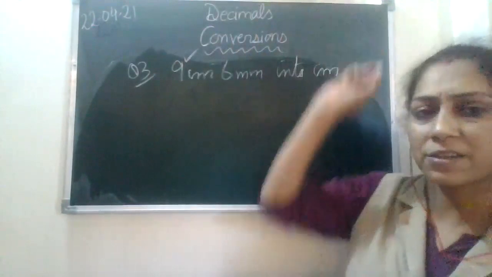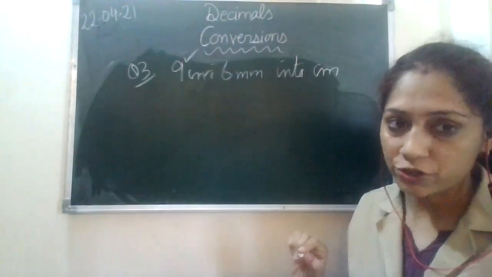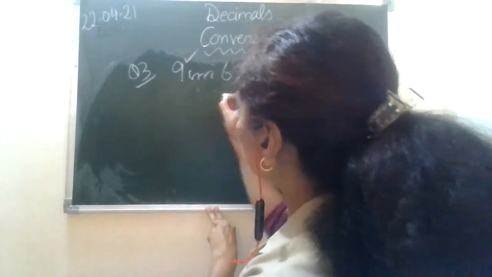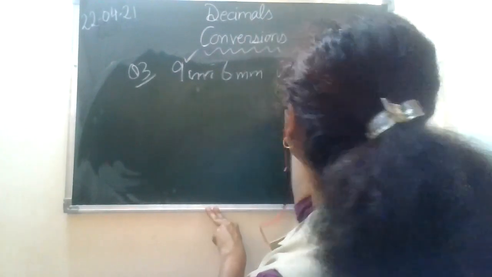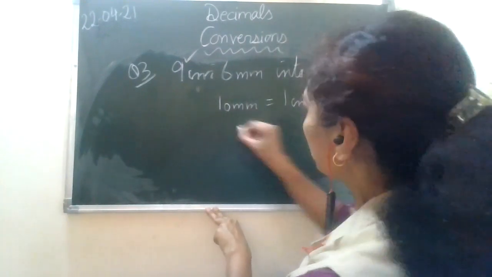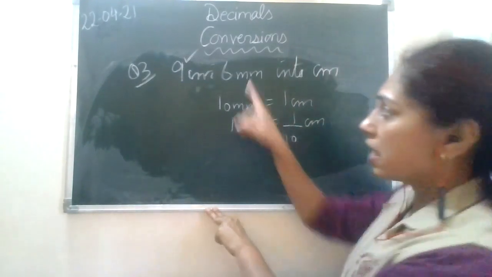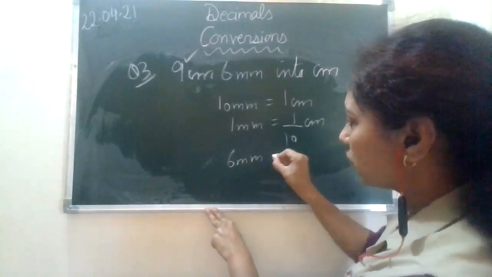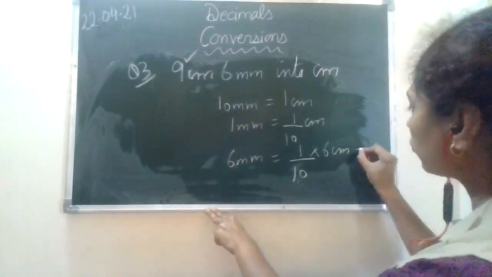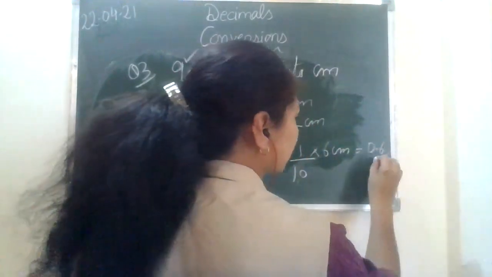You will say, ma'am, this is 9 centimeters, so there is no issue with 9 centimeter, but yes, 6 millimeter you have to convert. How are you going to do 6 millimeter? 10 millimeter is equal to 1 centimeter, so 1 millimeter equals 1/10 centimeter. Same way, 6 millimeter is equal to 1/10 into 6 centimeter, so you will say 0.6 centimeter. Fine, we got 0.6 centimeters.